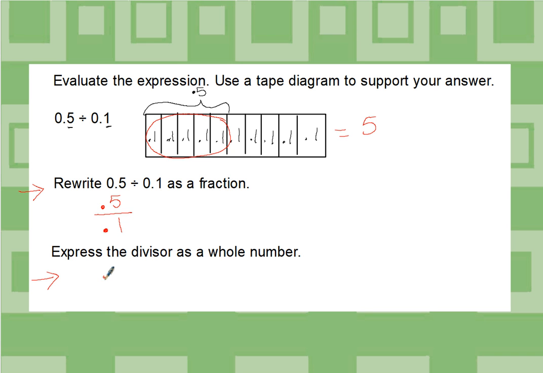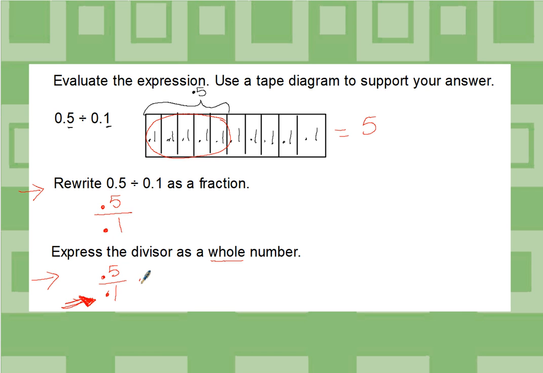So we are going to take that fraction that we just did, and we are going to say, well, if I need to make this so it doesn't have decimals, because we want it as a whole number. And just so we remember that our divisor is what we're dividing by. So in this case, it is that 0.1, okay?